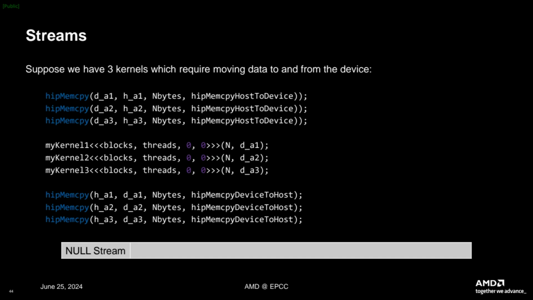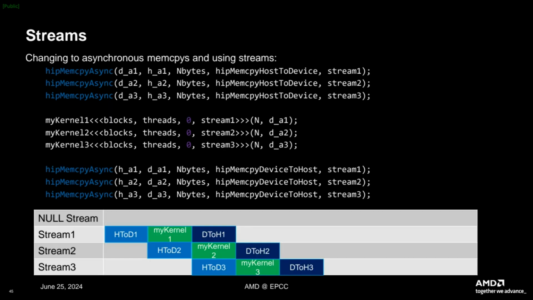So in this case, you would have 3 copies, 3 executions, and then 3 copies again that you could do on 3 different streams, so stream 1, 2, and 3, and you'll see that basically my kernel 1 is executing at the same time as on stream 2 copy host to device is happening. So this is something that you can use to make your computations faster, this asynchronous overlap of events.